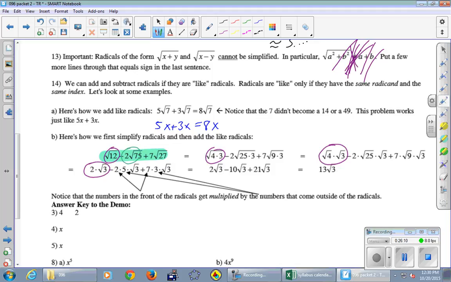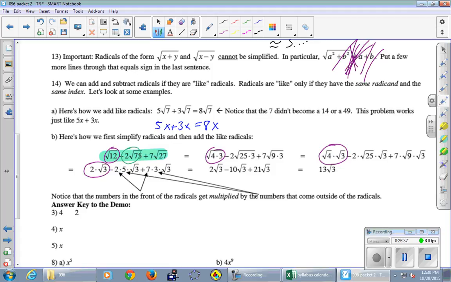2 radical 75. We're going to take that 75, which is not a perfect square, and we're going to factor it. We need a number that is a perfect square that goes into 75. What perfect square goes into 75? It's 25, right? And so we're just running down. We have the perfect squares in yellow here, just looking at these bottom numbers, our perfect squares, and asking, do any of these go into 75?